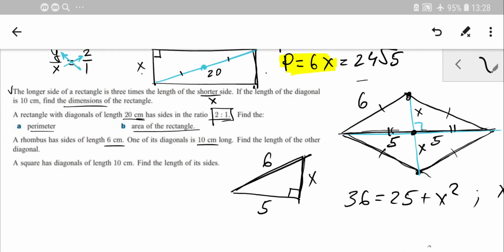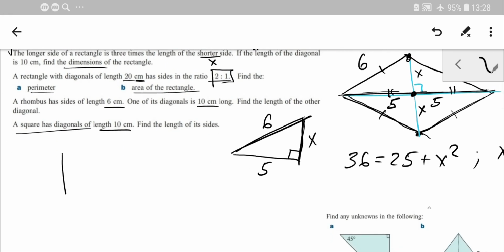Okay, next one: a square has a diagonal length of 10. Find the length of its sides. For the square it's pretty easy. All sides are the same, and if you split it with the diagonal, it's already a right angle triangle. So we can say that the sides are x and x, and we have the hypotenuse, which is 10 in this case.